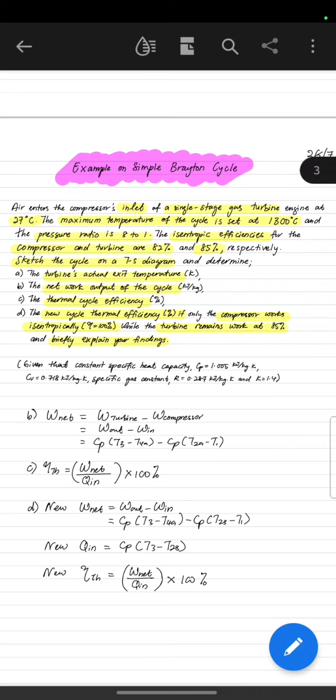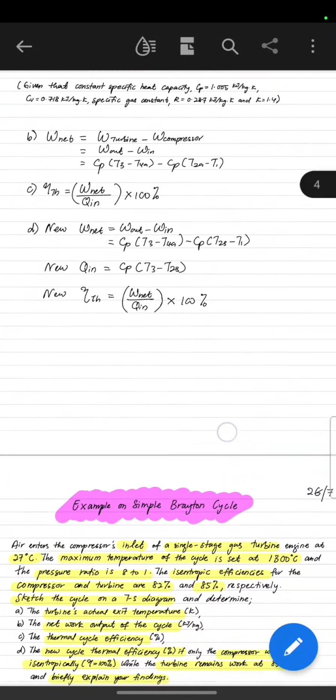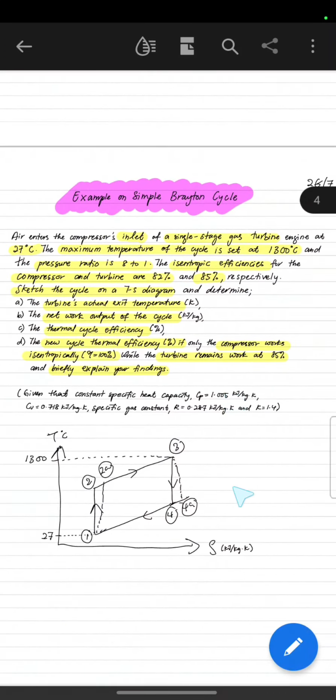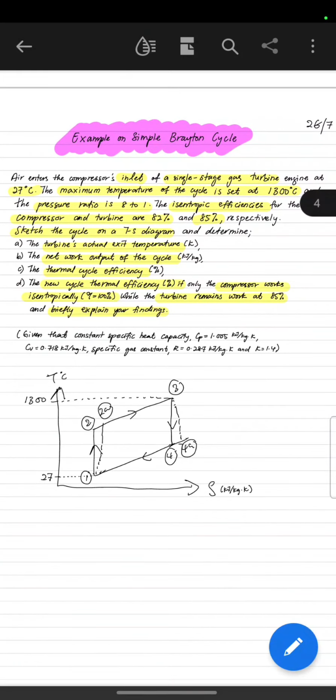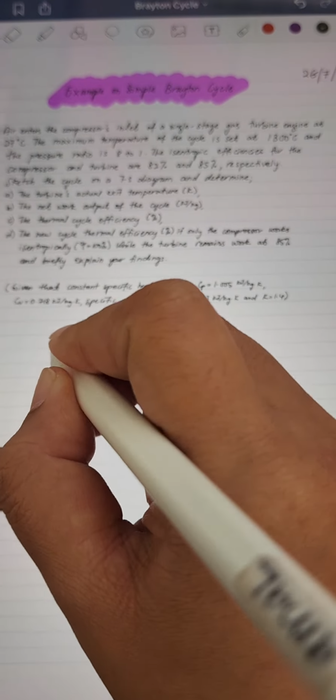Alright, so before we look for all the temperature values, let's have a look at your TS diagram over here. I'm going to show you how we are going to sketch your TS diagram.